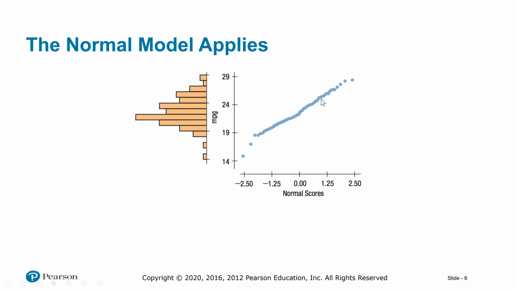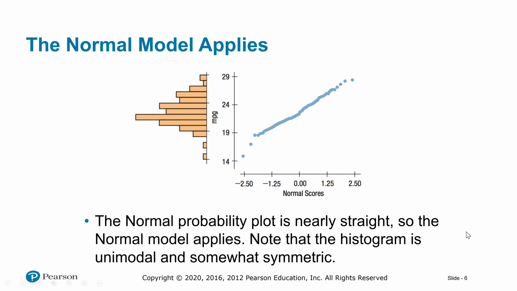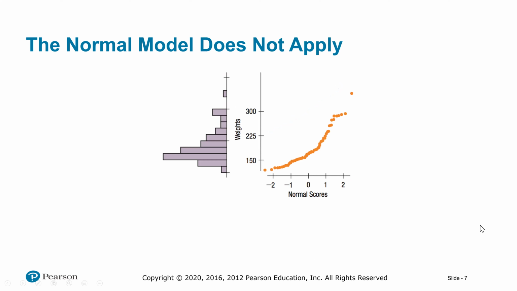So the QQ plot looks like this, and you see here are these smaller values, but overall we said, okay, we can assume the normal model is appropriate. The histogram is unimodal and somewhat symmetric except for the skewness.